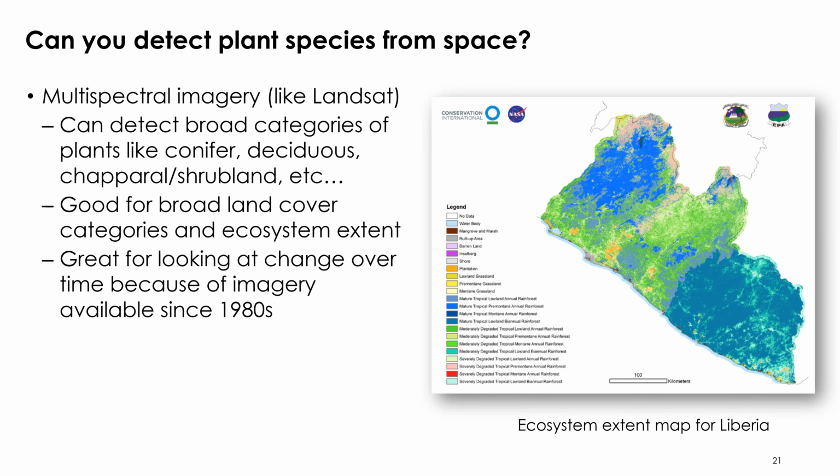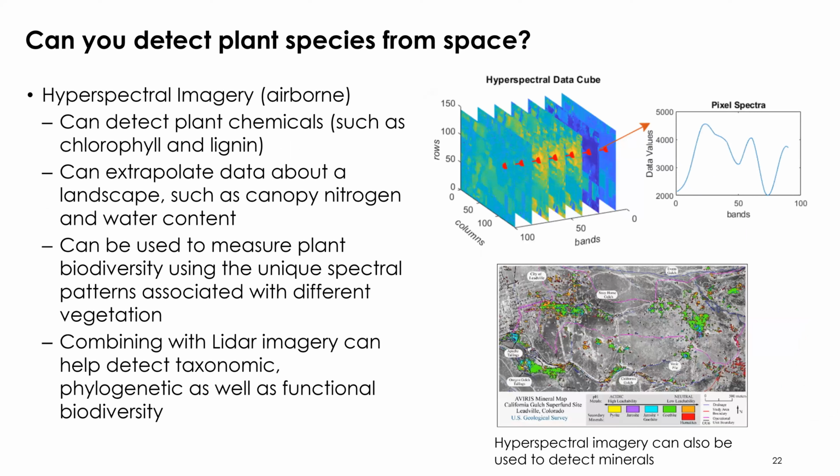So, adding on to that, let's go back to the hyperspectral imagery. Right now we do not have a hyperspectral satellite. That's coming in the future. But we do have a lot of aircraft that have hyperspectral imagers on them. With those kinds of imagers, you can get down to species level. And not only that, you can detect plant chemicals like chlorophyll and lignin.